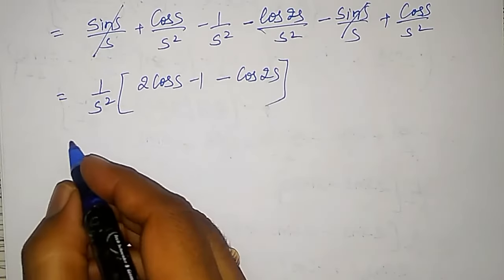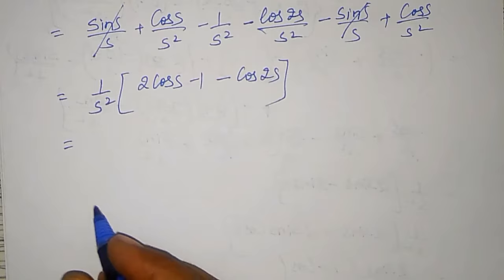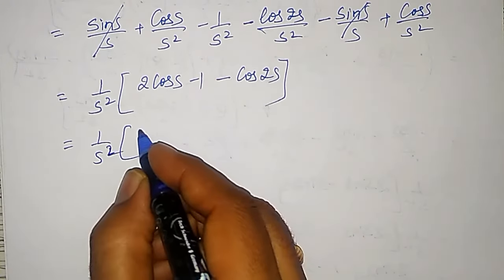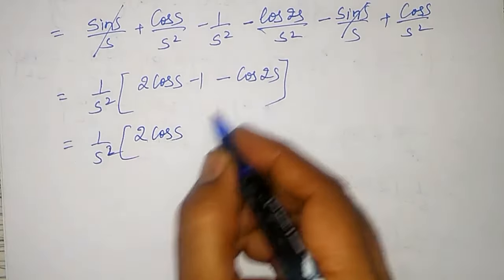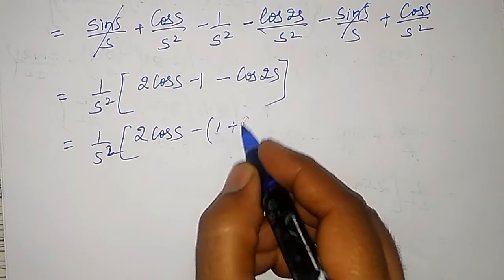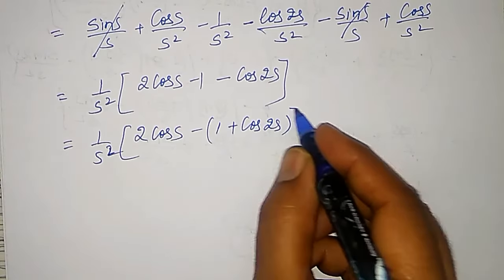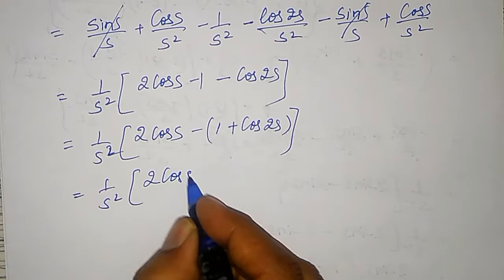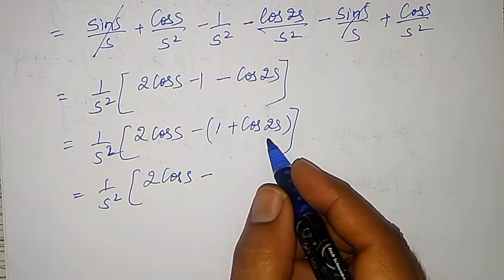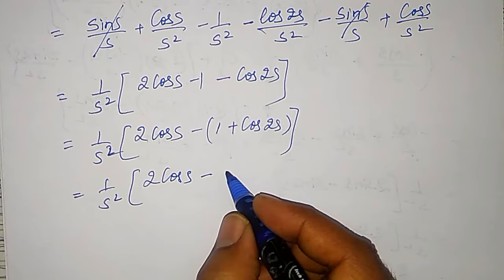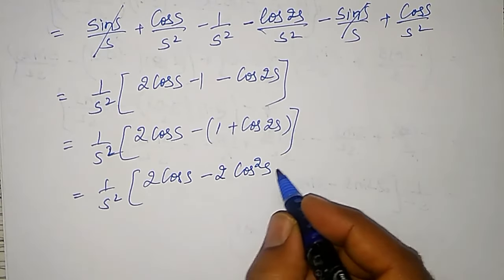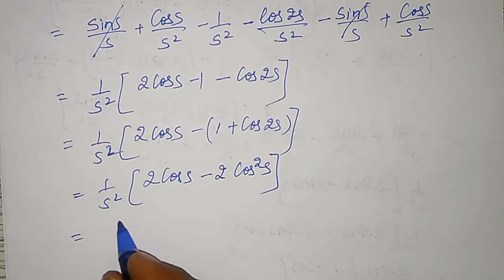This is okay. This can be further simplified as 1 by s square into 2 cos s minus, I will take common and will remain with 1 plus cos 2s. And this 1 plus cos 2s can be replaced by the formula, that is 2 times cos square s. From these two, 2 cos s can be taken common.